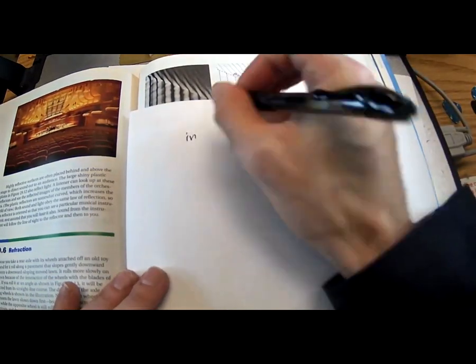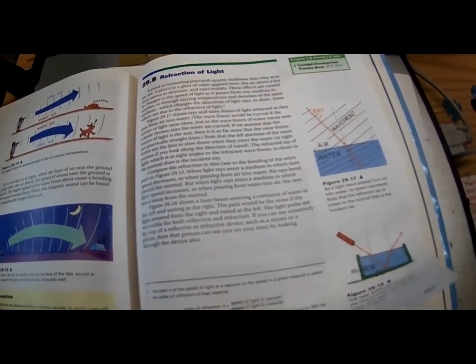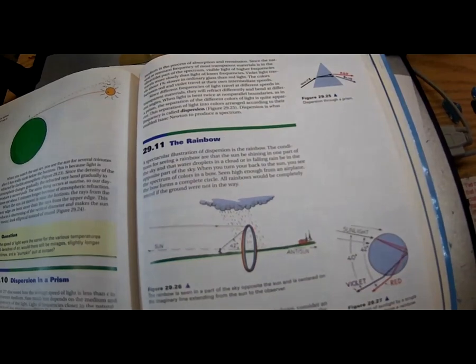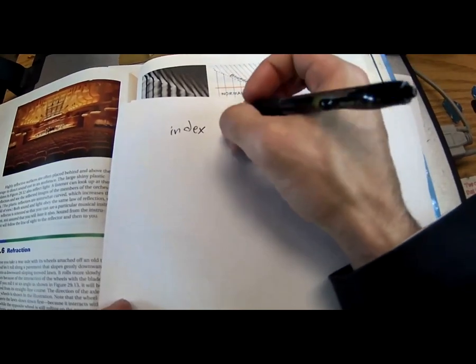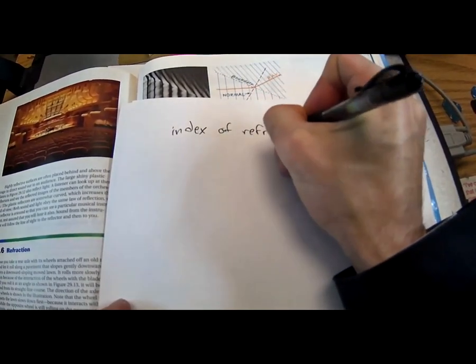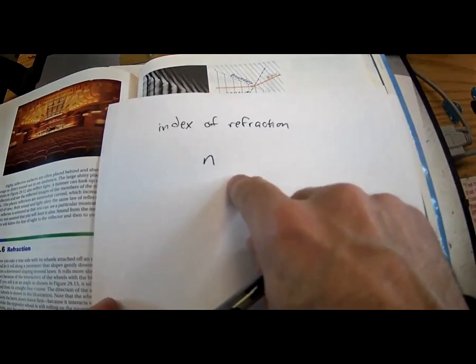Let's see if there's a table of values in here somewhere. Some textbooks have one. Okay, we don't, but I'll go ahead and define the index of refraction for you guys, and I think you can make something from here. I'll call it n for index of refraction.